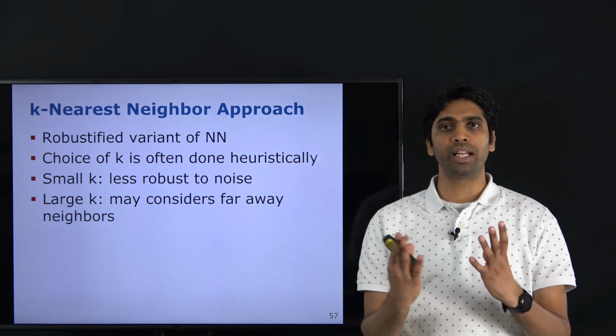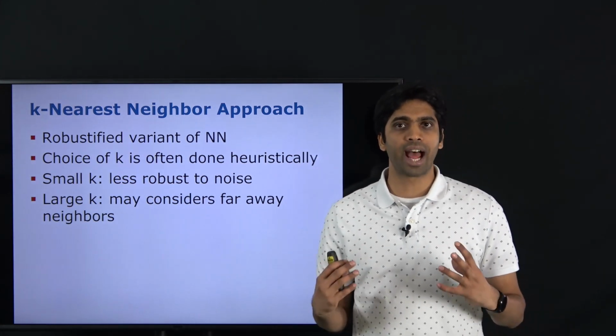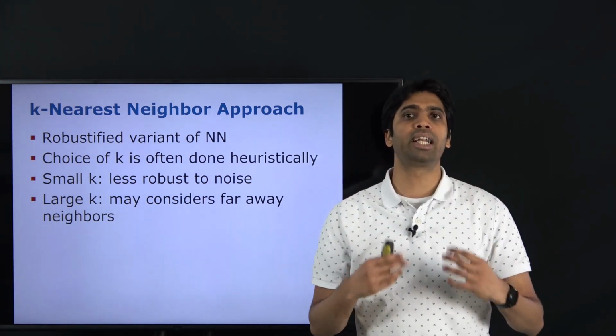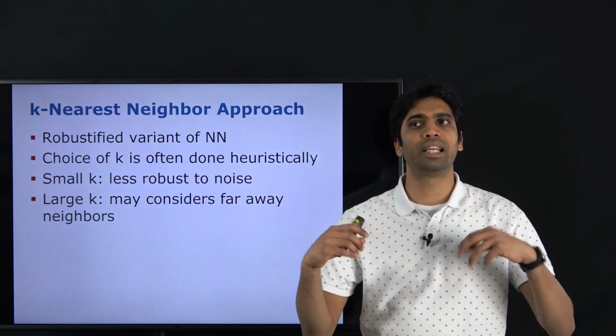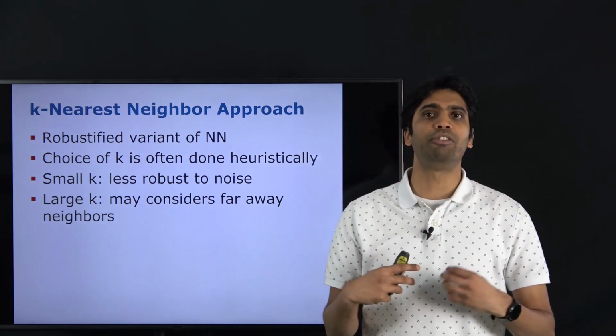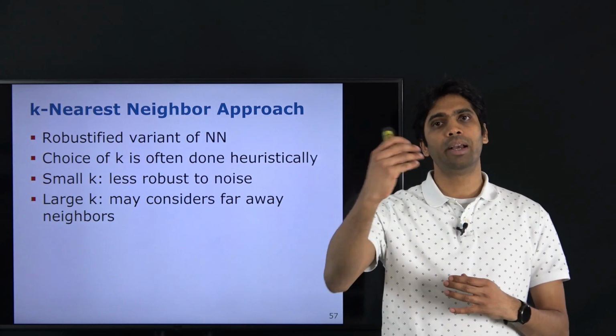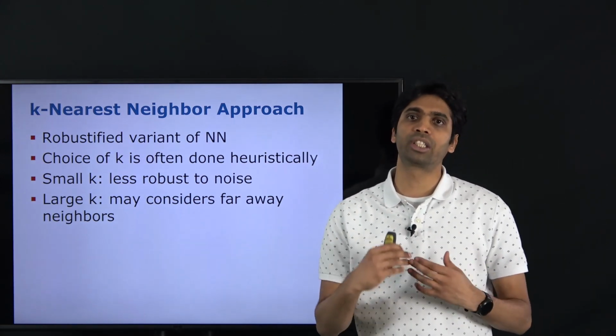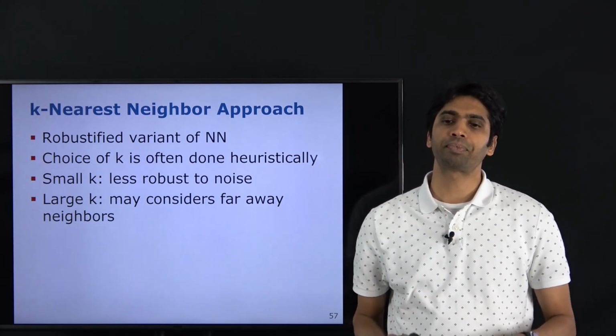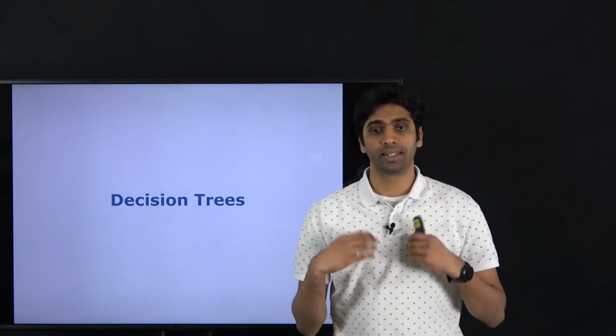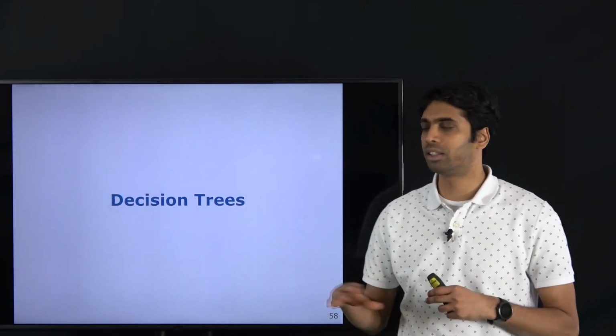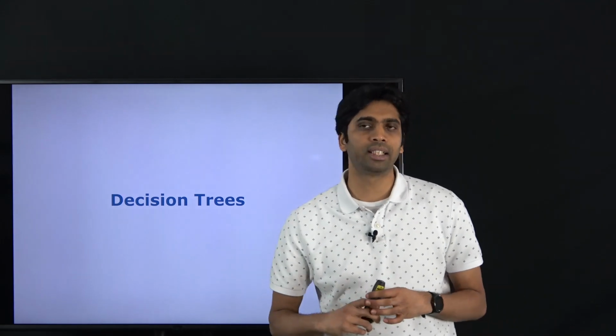So this is one really simple approach where a subset of the training data itself is the model that we use to determine the class or the prediction for a new data point. The second approach that we will see today is decision trees.